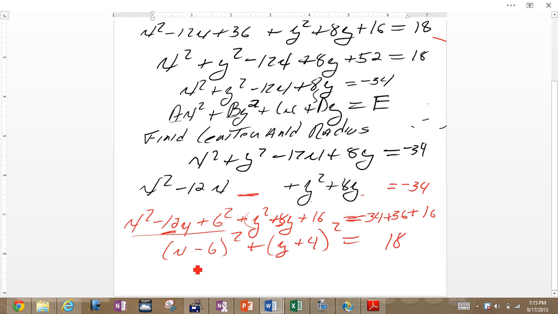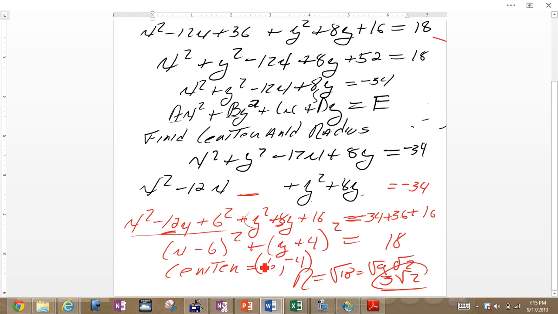So you can easily see from here, the center is 6, comma negative 4. The radius is the square root of 18, which of course is equal to root 9 times root 2, which is 3 root 2. Just what we had when we started out with.